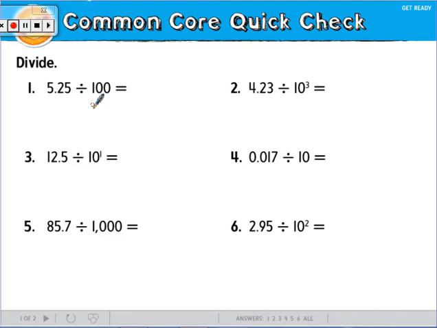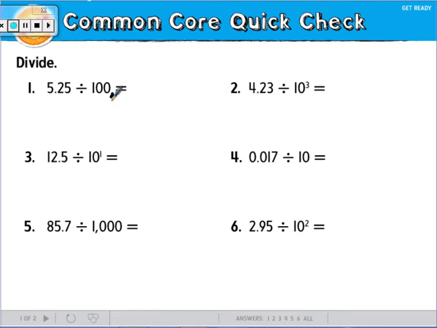Okay? When you're dividing by powers of 10, so 10, 100, 1,000, 10,000, there's an easy trick. So we're going to talk about our easy trick today. Okay, you can see here I'm going to divide 5 and 25 hundredths by 100.